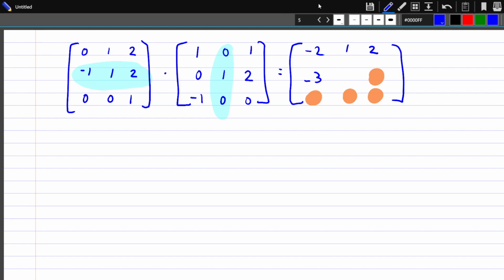And in a similar way, first element times first element, minus 1 times 0. Second element times second element, plus 1 times 1, plus third element times third element, 2 times 0 equals 0 plus 0 plus 1, 1.